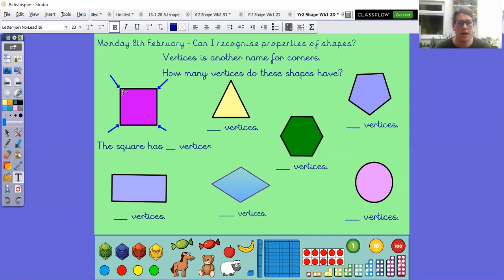Let's start with the square here. I've got some arrows pointing to the vertices. 1, 2, 3, 4. Put our 4 in there. And then the triangle. 1, 2, 3.